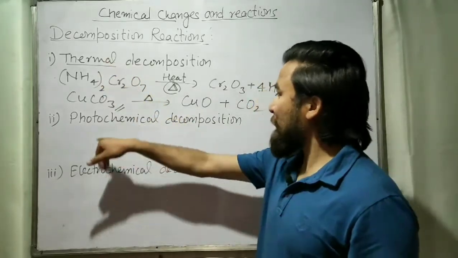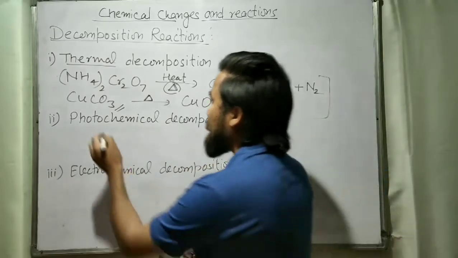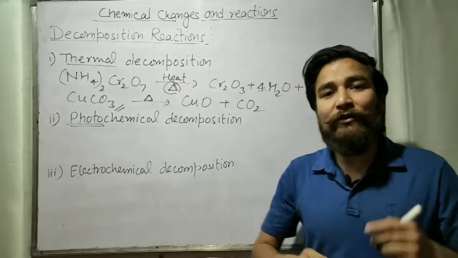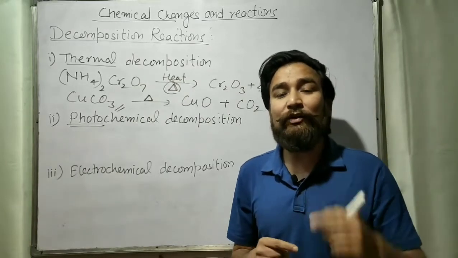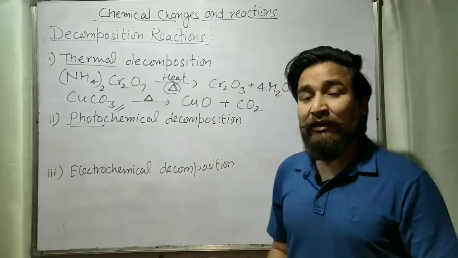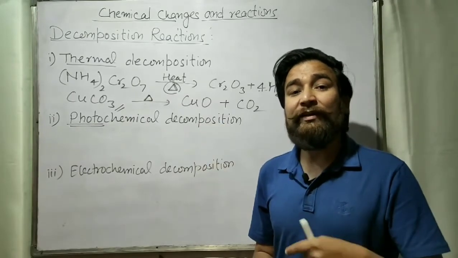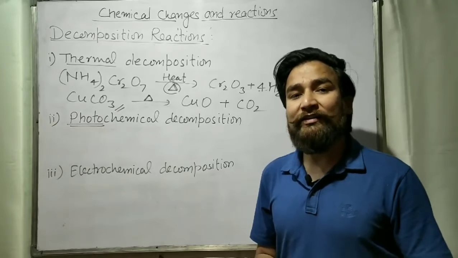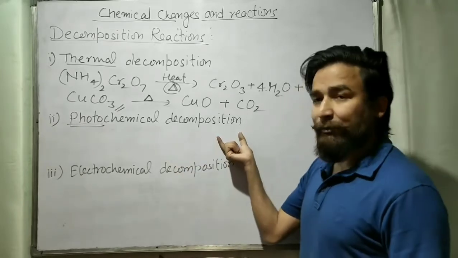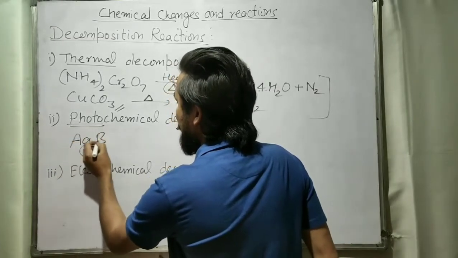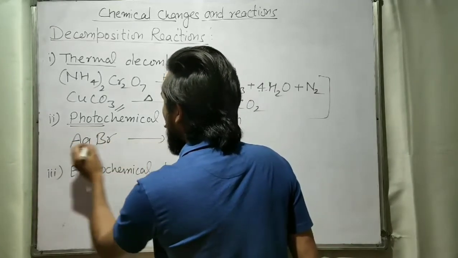Now photochemical decomposition. Remember the term photo: whenever the word photo comes, it is related to light. Photo means light. The decomposition reactions which take place in the presence of light are called photochemical decomposition reactions. For example, AgBr, that is silver bromide.